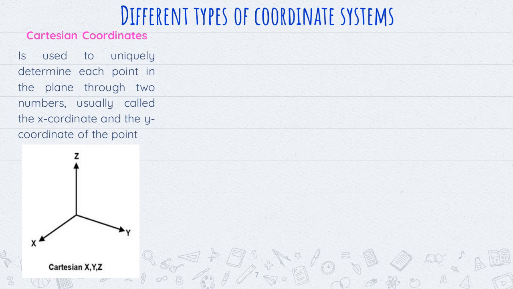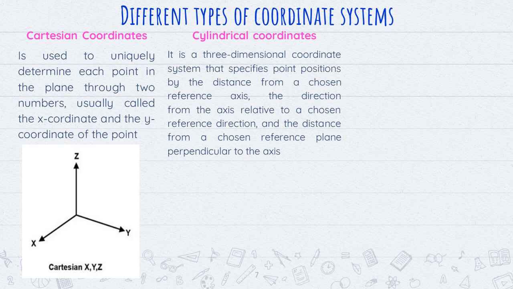And one more thing, the Cartesian coordinate system is also called the rectangular coordinate system.